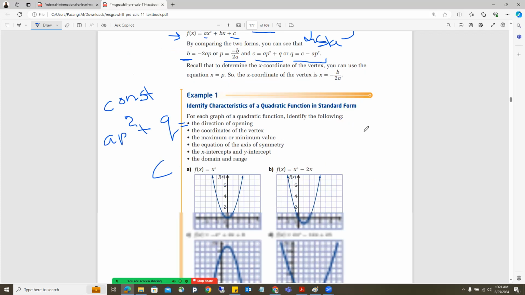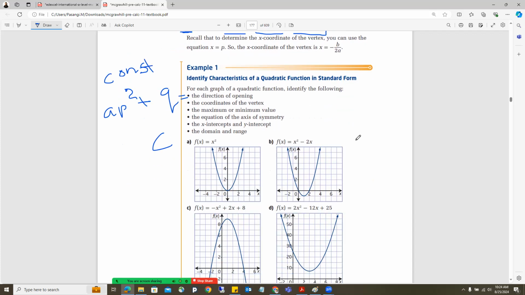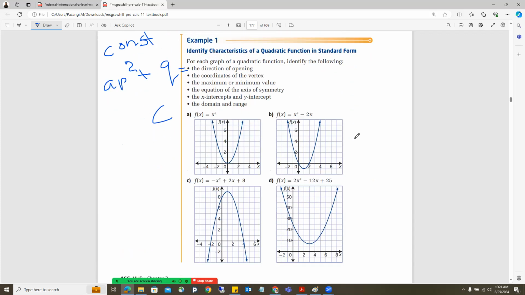Yes. Okay. Example 1. Can you do this first one? What you have to do is identify the characteristics of a quadratic function in standard form.